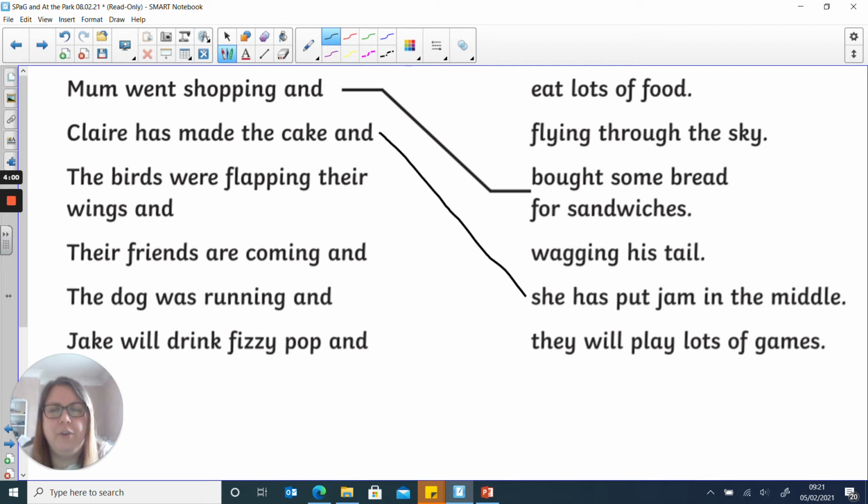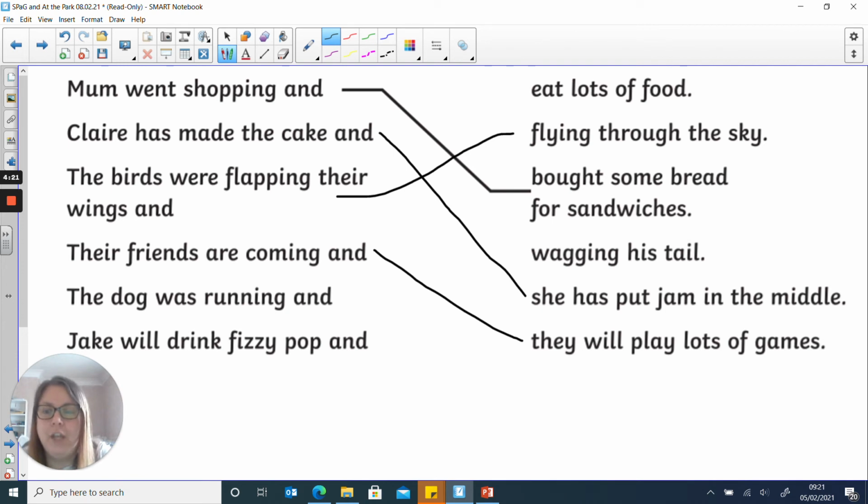They were flying through the sky, weren't they? That makes sense. Their friends are coming and eat lots of food, wagging his tail, or they will play lots of games. What do you think? Their friends were coming and they're going to play lots of games, aren't they? Fantastic. Hopefully you said that one.